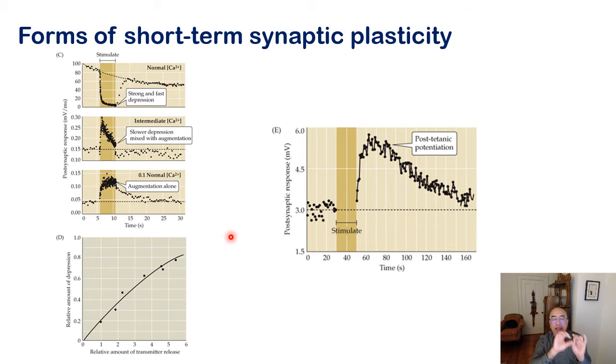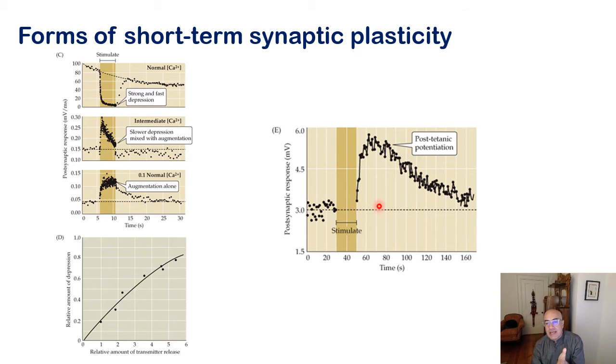And then we have an even slower time scale form of facilitation in which, if you stimulate with a tetanic stimulus, so this is the postsynaptic response, we check it every second, let's say, and it's about 3 millivolts in amplitude in this case. Then we put a tetanus, we stimulate the heck out of it for about 20 seconds, and we stop.